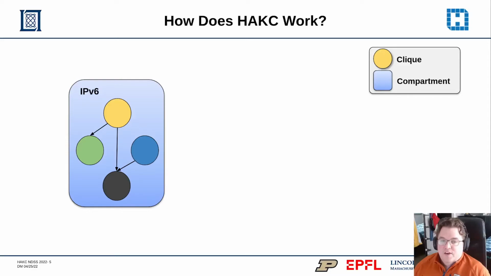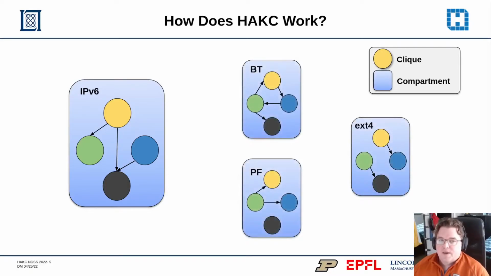In this case, the yellow click can access yellow, green, and black data, while green can only access its own data. If we repeat this for all the rest of the code we want to compartmentalize, we can end up in a layout like this. The two-level partitioning separating clicks and compartments allows HAKCs to safely reuse colors and optimizes for data locality for commonly used data.